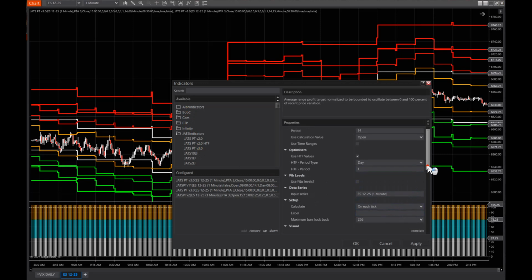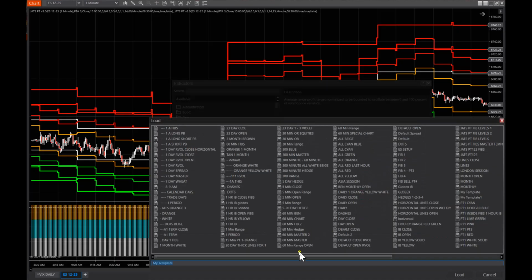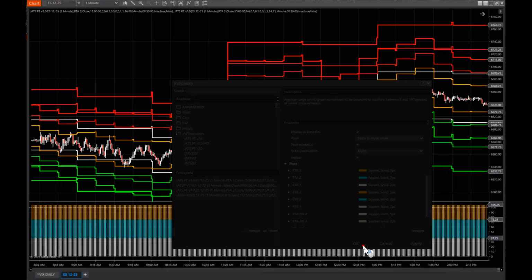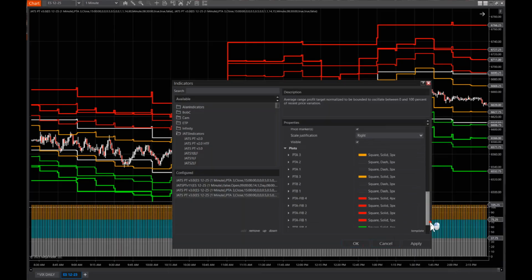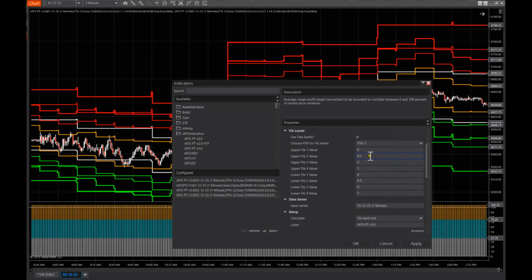And I'm going to put this on, change this. So what I'm showing is just the PT3 and tails with the 50% and 100% below the distribution.